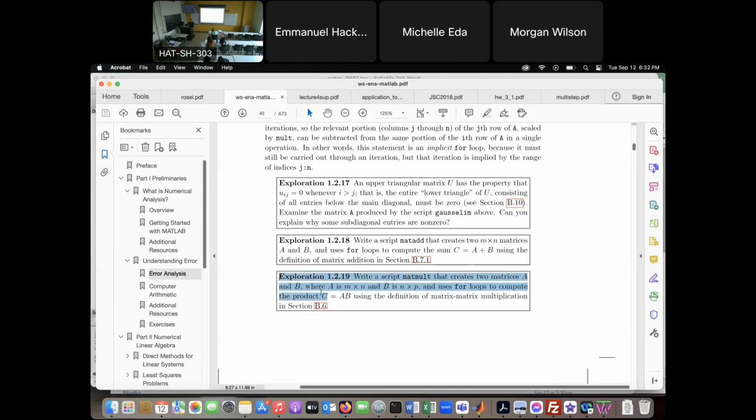The next one, 19, is similar. You form two matrices of compatible sizes for matrix multiplication, and that too will use for loops. This section in the appendix has a formula for matrix multiplication that you would implement.